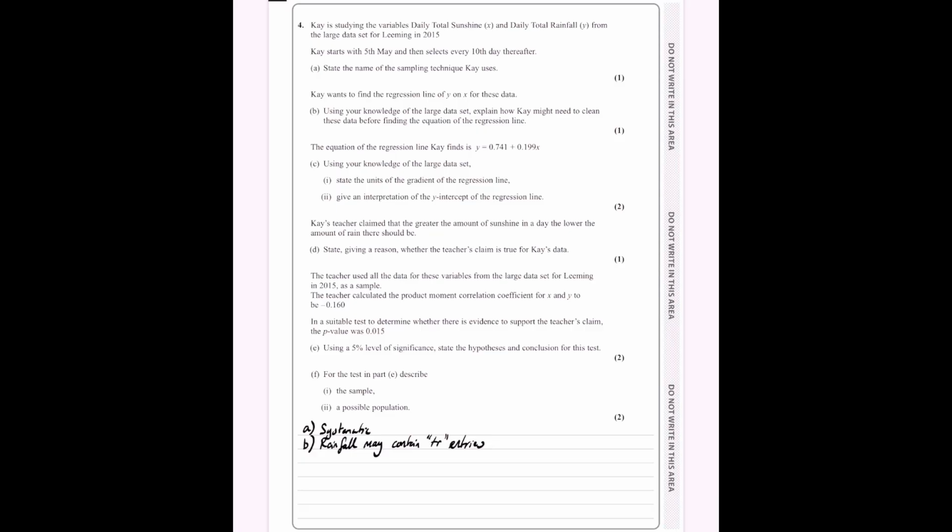Then for C, the units of the gradient is going to be millimeters per hour. And to interpret the y-intercept of the regression line, we're going to get the total rainfall with 0 sunshine.